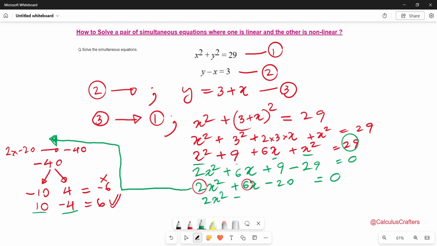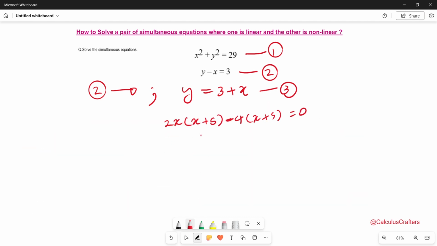2x squared, positive 10x, negative 4x, negative 20 is 0. Then 2x squared plus 10x, we can see 2x as the common factor: x plus 5. When it comes to negative 4x and negative 20, you know that negative 4 is the common factor: x plus 5 equals 0.